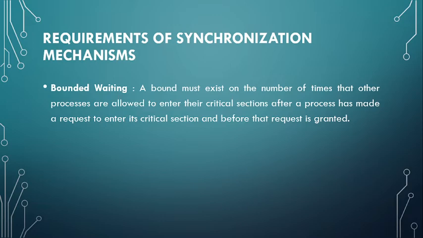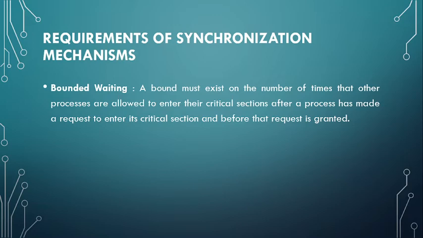This is another simple one. So there is a limit: if a process makes a request to enter the critical section, there is a limit on the number of times other processes can enter the critical section before it.